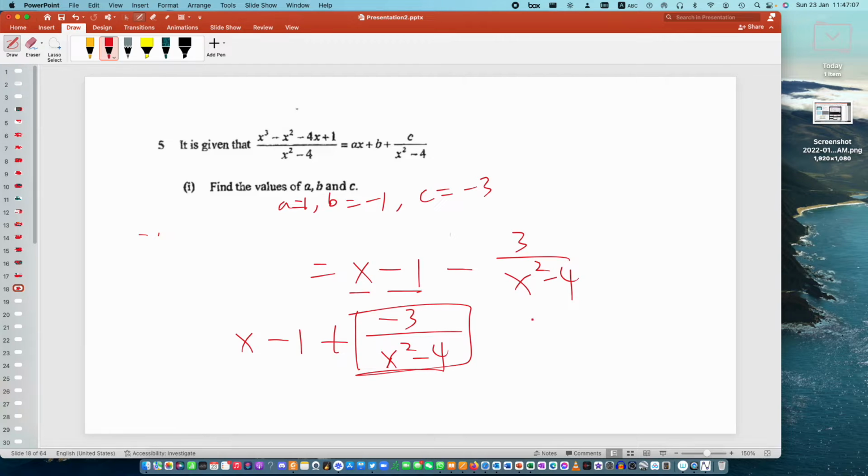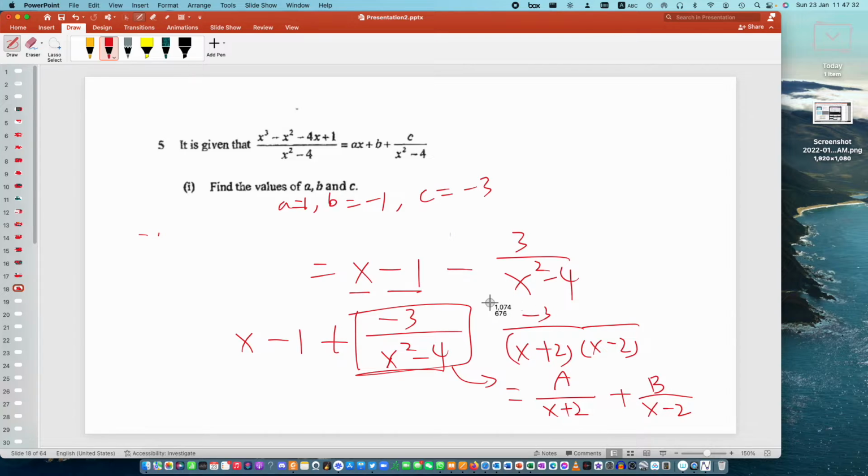So how do I do partial fraction for this? Then I need to get it into this format. Factorize first. x squared minus 4, so x plus 2 times x minus 2. Good. And then how do you do partial fraction for this? A above x plus 2, B over x minus 2. Okay? Then continue.